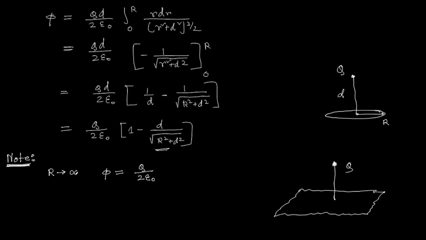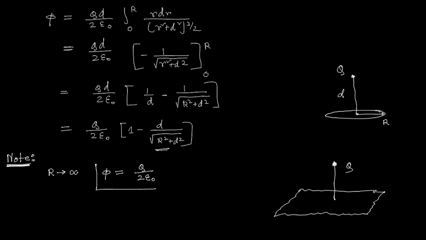So if this term is 0, then flux will be q by 2 epsilon naught. So it will be independent of the distance of the point charge from this plane. So if we place a point charge in front of an infinite plane, then the total flux through this surface will be q divided by 2 epsilon naught.